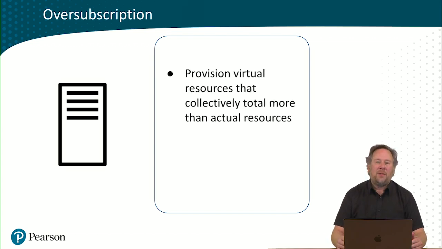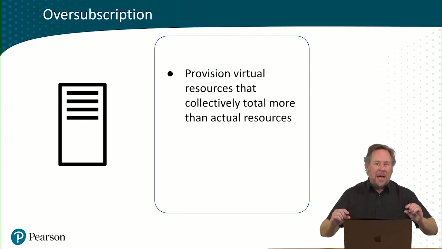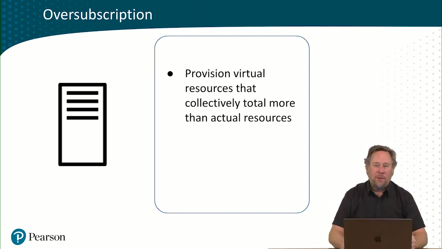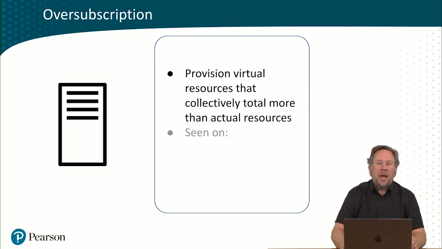And the way that you achieve it is by allowing virtual resources to be provisioned that, when you add them all together, actually equal more than the physical resources you have available, with the assumption that you're never going to end up being saturated. This is a fairly common implementation pattern, especially by public cloud providers, and can be implemented on CPU or processor, memory, and network throughput.